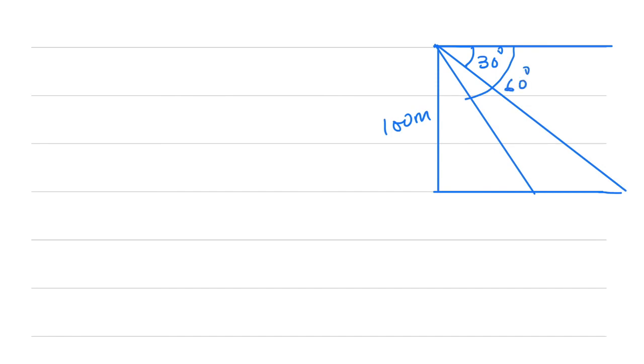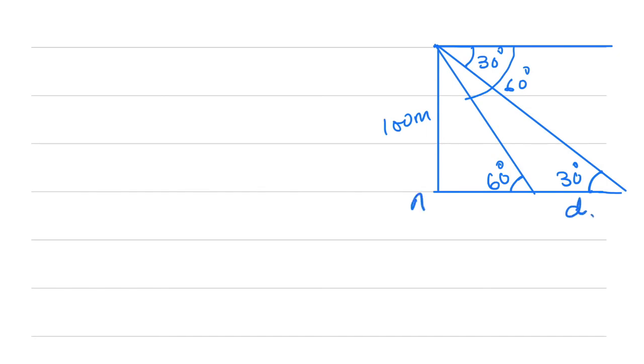We know alternate angles are equal and angle of elevation is equal to angle of depression. So this angle will be 30 degrees and this angle will be 60 degrees. We have to find the distance traveled by the ship during this period of observation. So we have to find this distance.